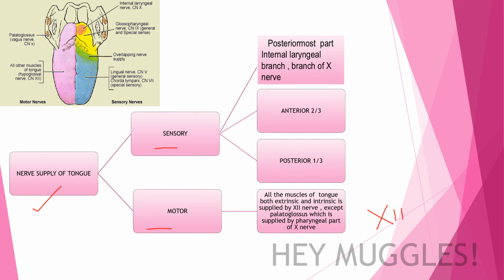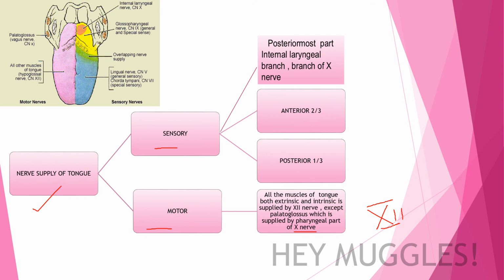Palatoglossus is an extrinsic muscle, which is innervated by the pharyngeal part of your 10th cranial nerve, that is the vagus nerve. If there is any lesion to your 12th cranial nerve, the tongue would deviate to the ipsilateral damaged side, right?